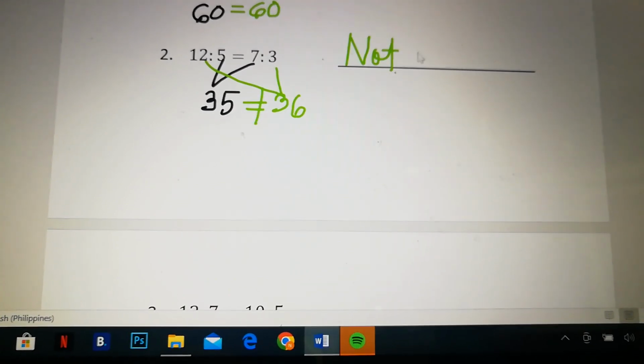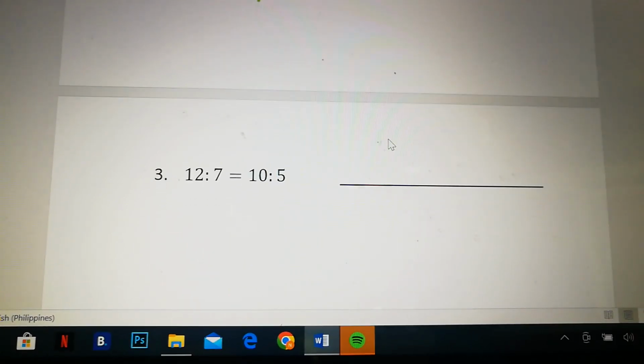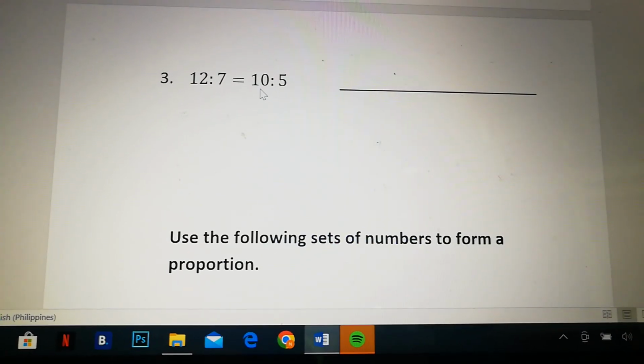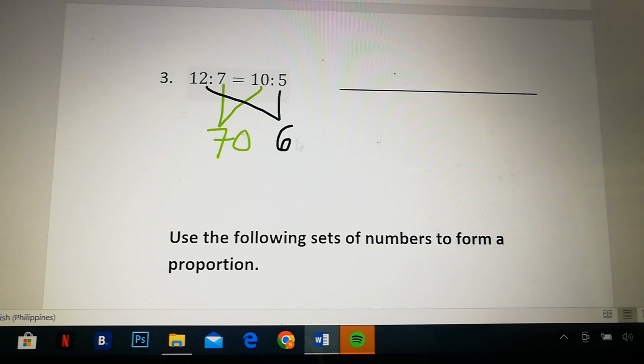Number 3. 7 times 10 is equal to 70. While 12 times 5 equal to 60. So since they are not equal, then this is not a proportion.